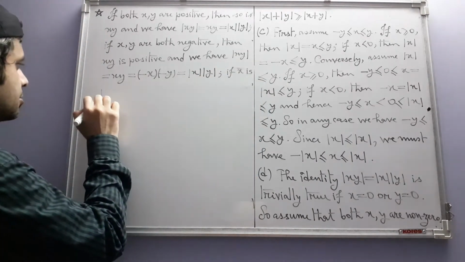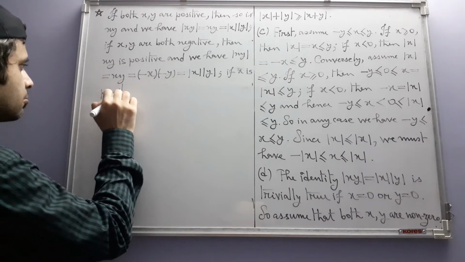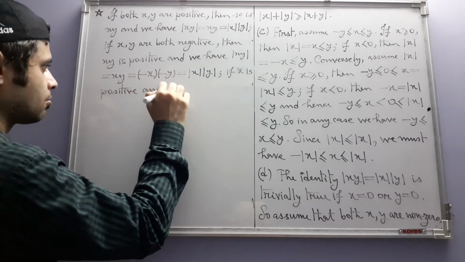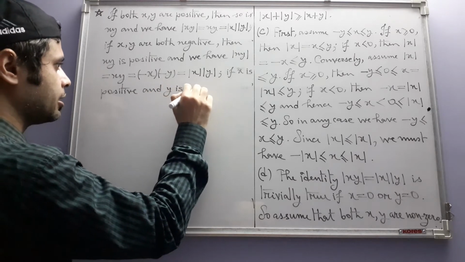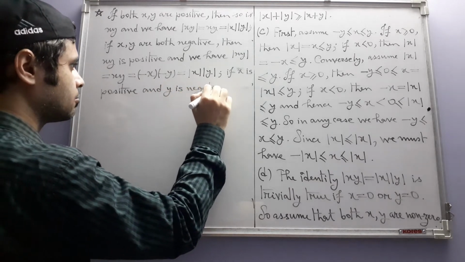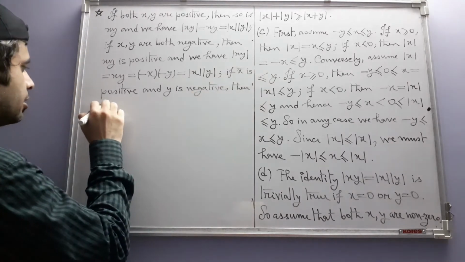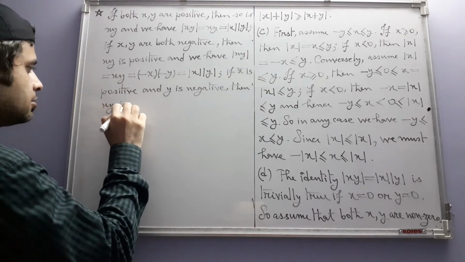If x is positive and y is negative, then xy is negative. In this case, xy is negative.